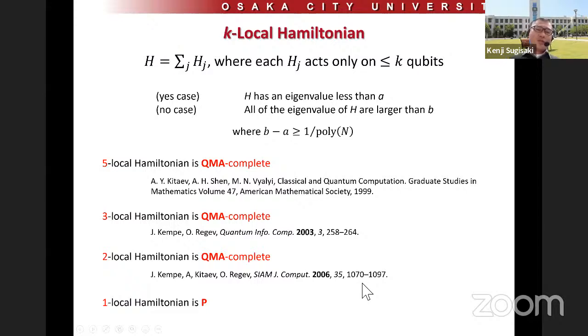So you can easily imagine that quantum chemistry problems, such as solving the full CI, are QMA-complete, because the Hamiltonian translated to the qubit Hamiltonian is, of course, not a one-local Hamiltonian, but a k-local Hamiltonian with k larger than 1.